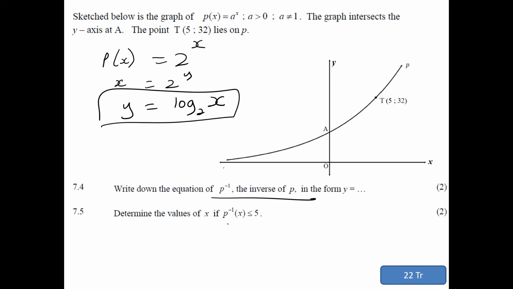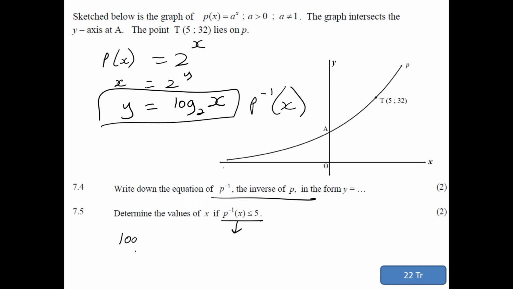All right, now we come to the question that I skipped in the previous one because this is a little easier, and then we'll go to the previous one. They want to know, determine the values of x for which the inverse, now remember this is the inverse, is less than or equal to 5. So in doing a question like this, we know what p to the minus 1 is.